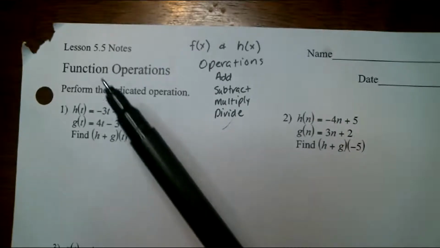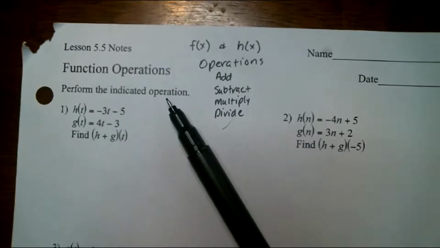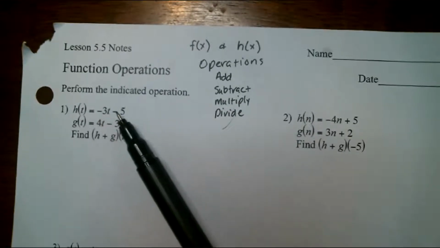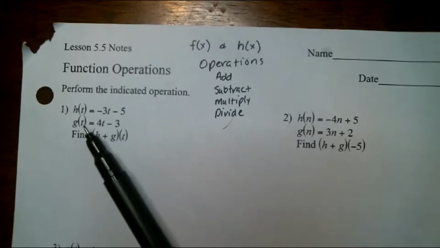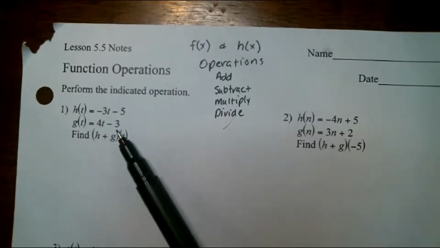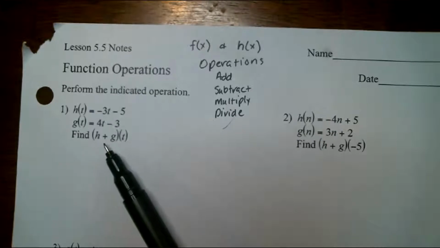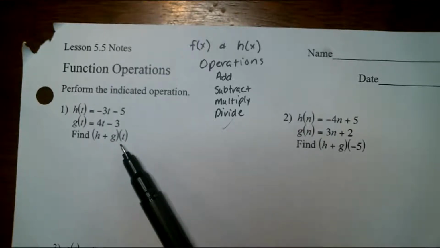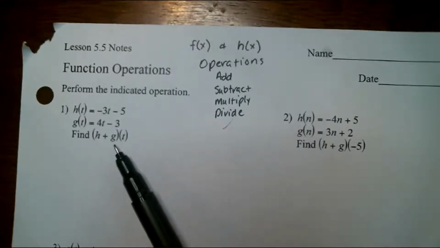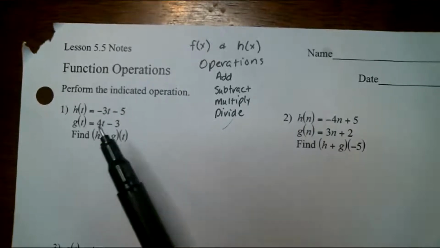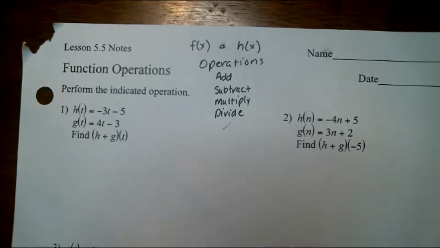It says perform the indicated operation. h of t is equal to negative 3t minus 5. g of t is equal to 4t minus 3. It says find h plus g of t. That's saying in terms of t, which is just leaving t as itself.